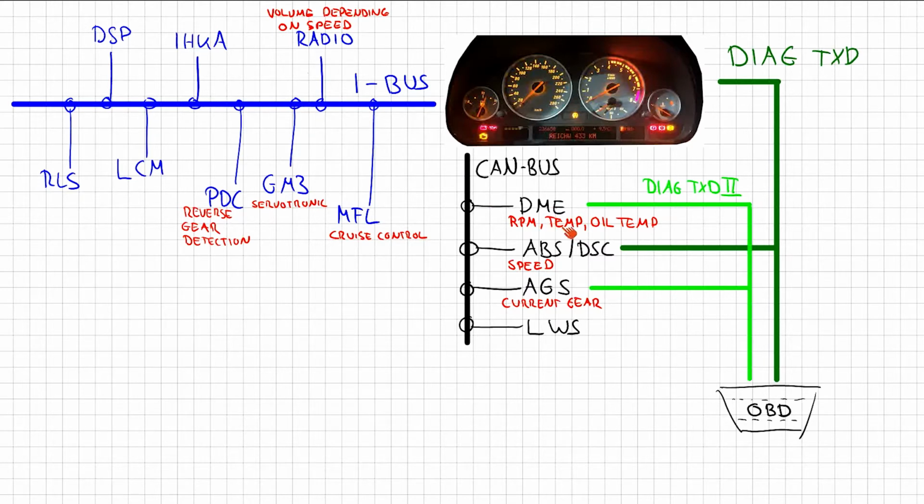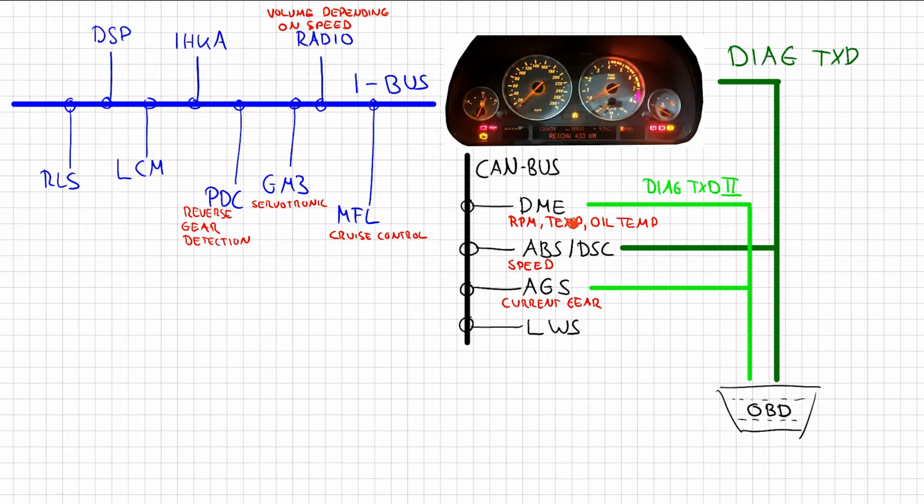So we don't have information about RPM, temperature, oil temperature, and this is what you have seen, that the coolant temperature went to the maximum, the oil temperature went to the maximum, and we didn't have any information about the speed or the RPMs.